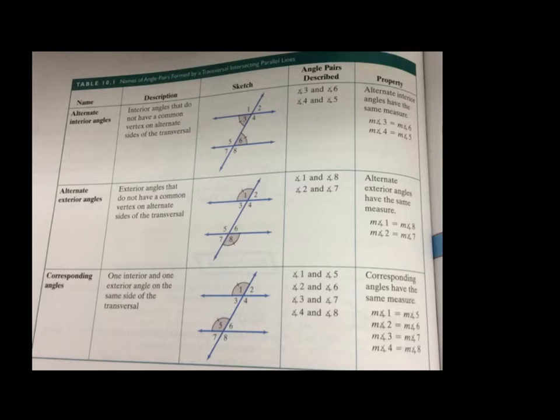Then there are other pairs that say the same thing: 2 and 6, 3 and 7, 4 and 8. Of course we write it with an M, saying that the measurements of these angles are the same as their corresponding angles.